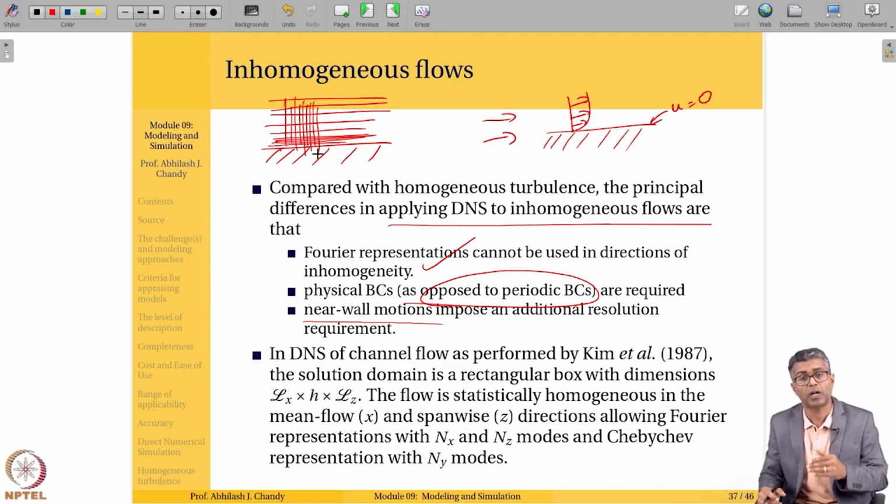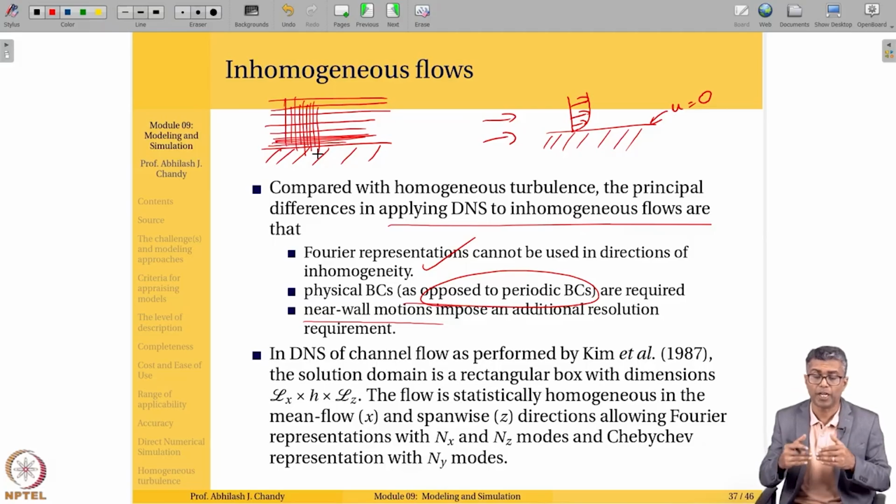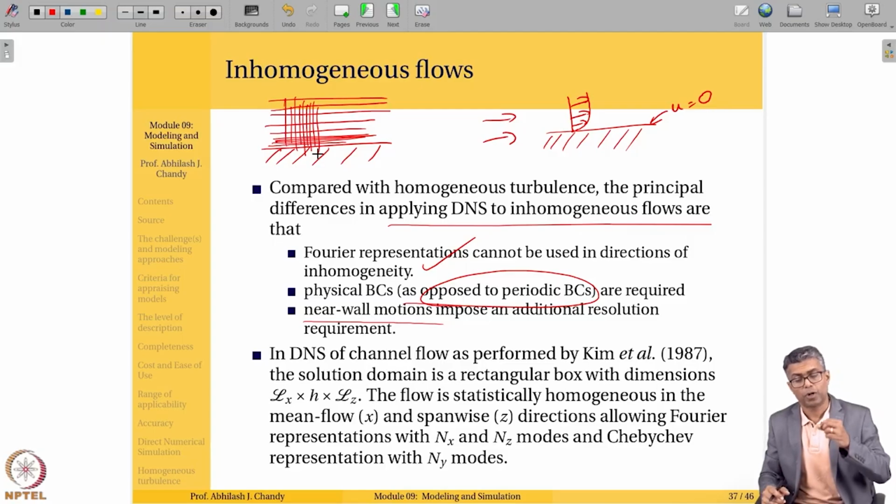So that additional resolution requirement can create a lot of issues, right? You will need a grid that is very fine near the wall. So suddenly, you're not just talking about more grid points in different parts of the domain. You're talking about an additional number of grid points to resolve the velocity gradient near the wall.